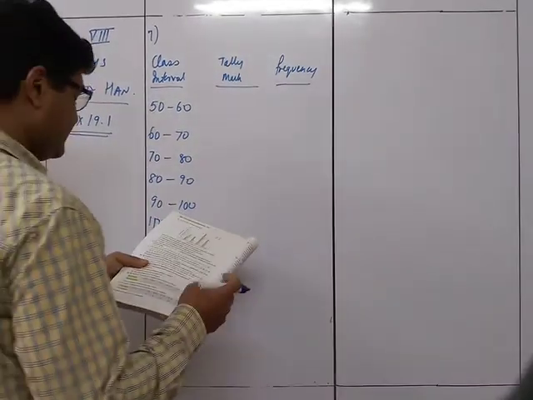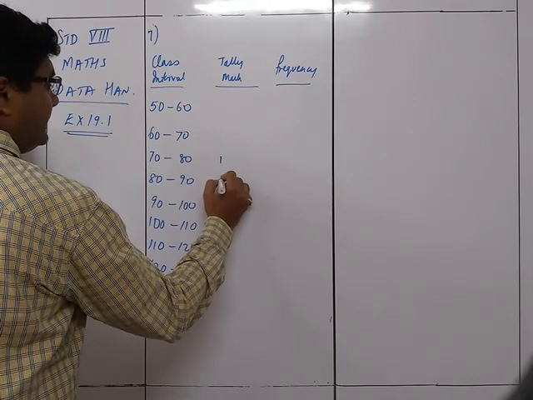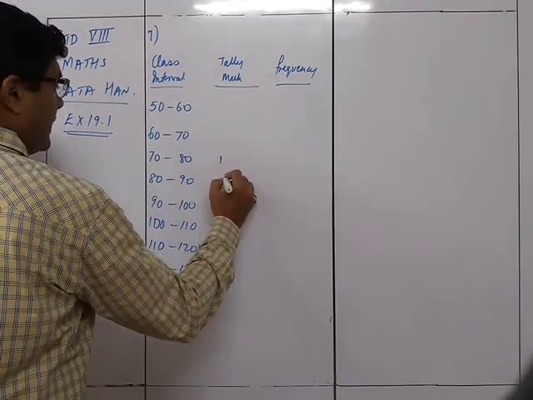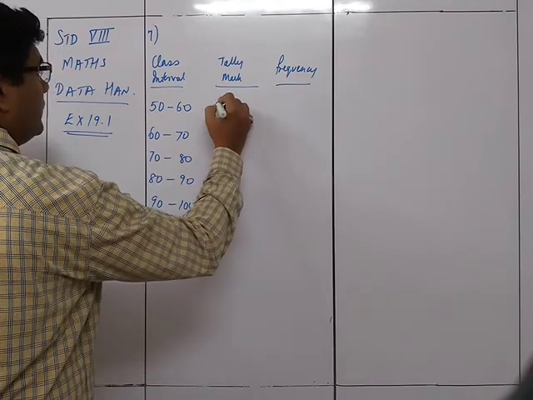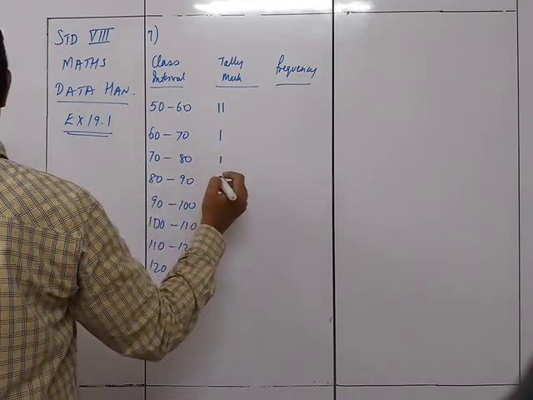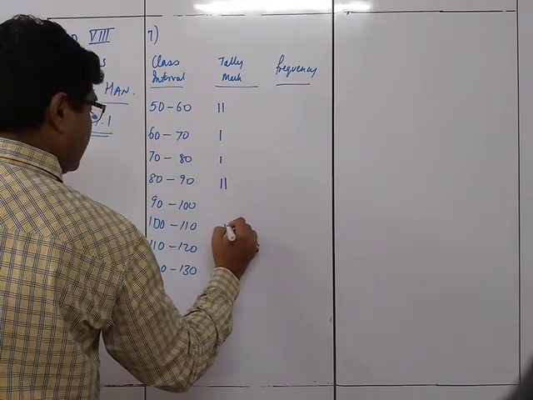The first are 78 and 87. 81 and 52 will come here. 59, 65. 101 and 108.